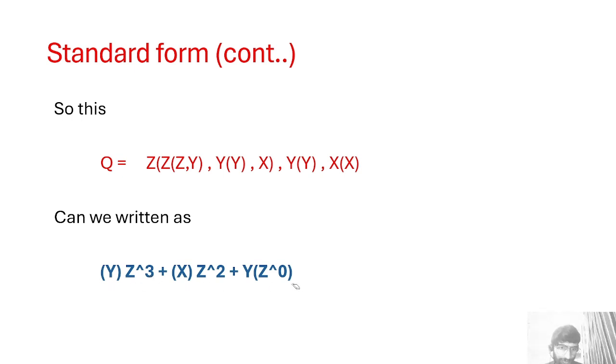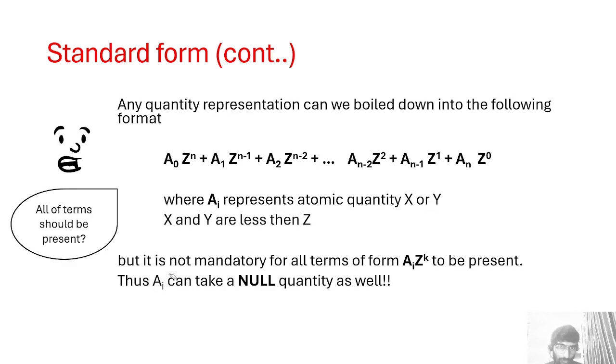Each term is in this format, where z is actually the highest quantity. That is, z represents the highest quantity in our number system, while the coefficients which are being multiplied with the z's power are always less. So we can standardize that any quantity, its representation, can be boiled down into the following format, that is a i and z k.